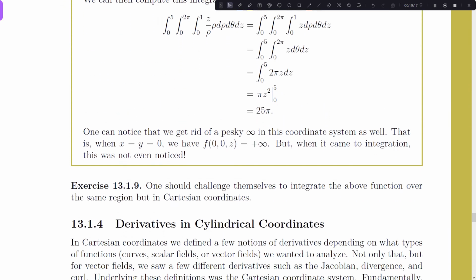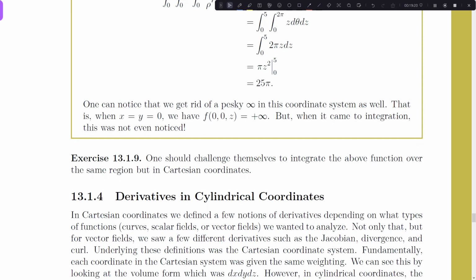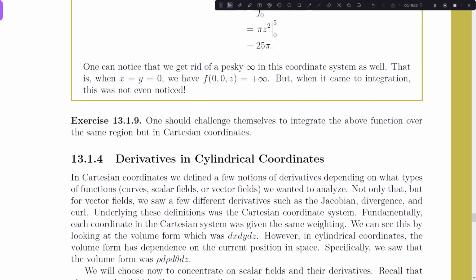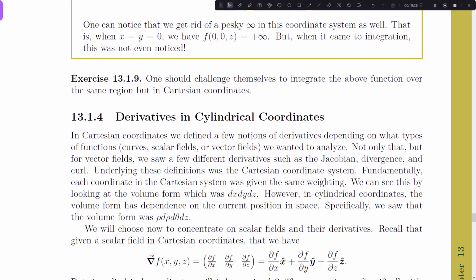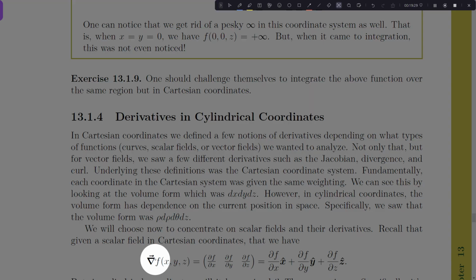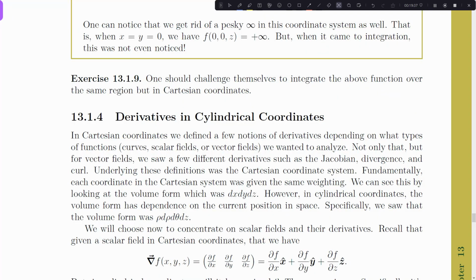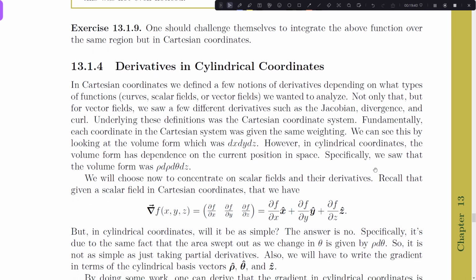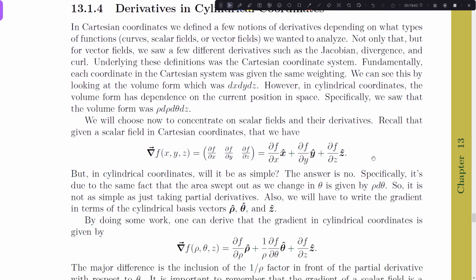If we move on to derivatives in cylindrical coordinates, these actually get a little bit easier than the integrals, I think, anyway. We can look at maybe the gradient of a function. In Cartesian coordinates, we have three directions we can take derivatives in, and we exactly extract those derivatives, but we have to modify in cylindrical coordinates.